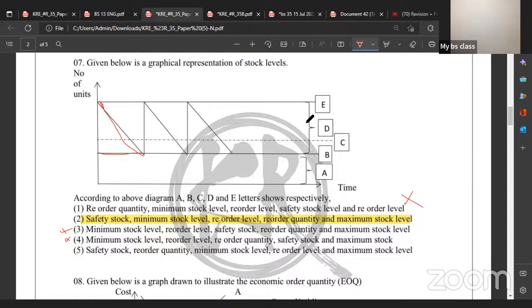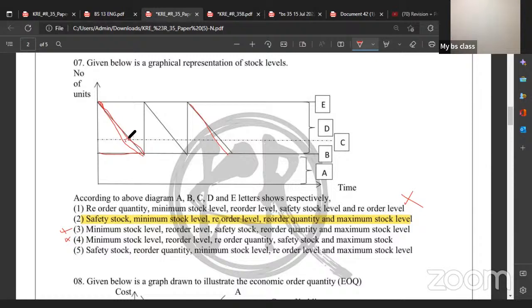And if you think about D, it is this one, right? So D is your reorder quantity, how much to order. Now here, this is your consumption. Let's say you start with a full tank. From the full tank you will reach your safety stock level.